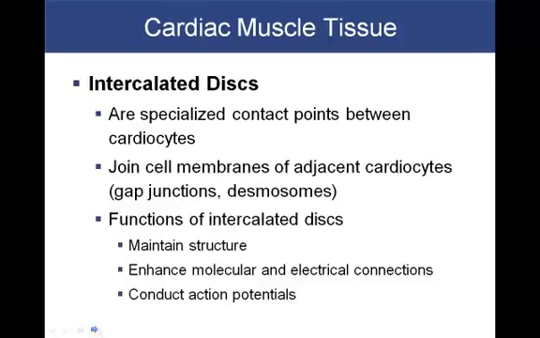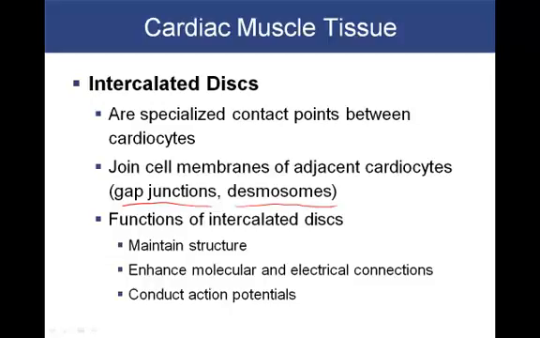They actually join the cell membrane of one cardiocyte with the cell membrane of the adjacent cardiocyte. And within the intercalated discs, we're going to find structures such as the desmosomes and the gap junctions.